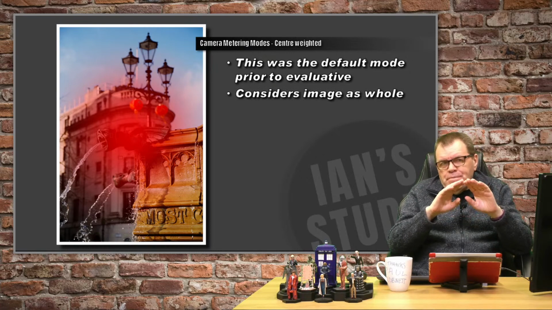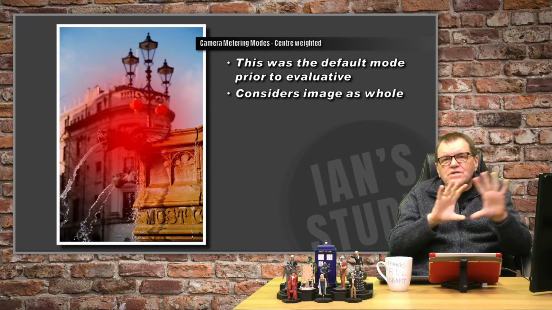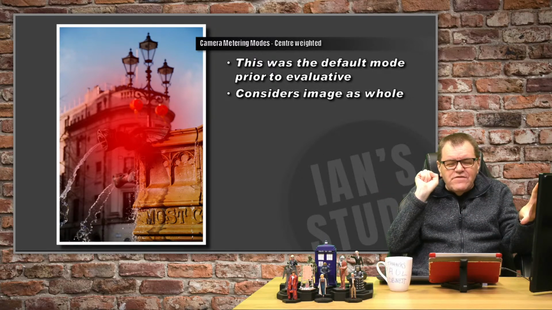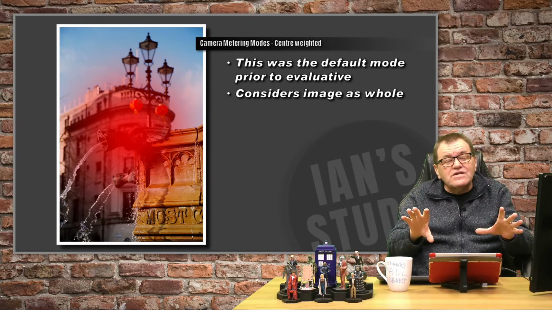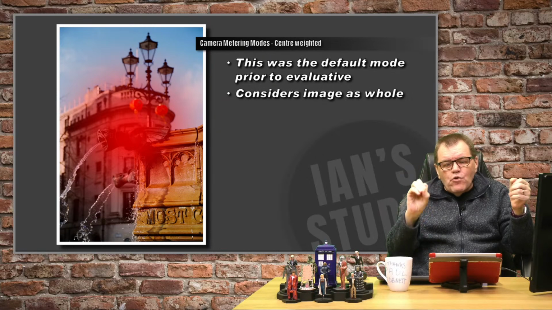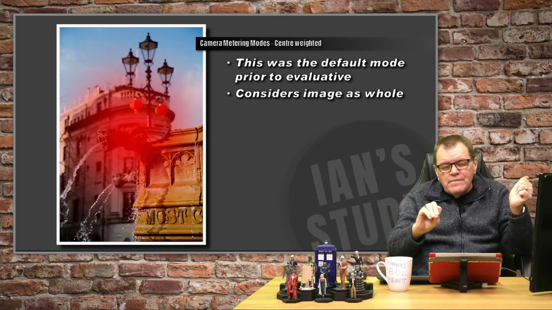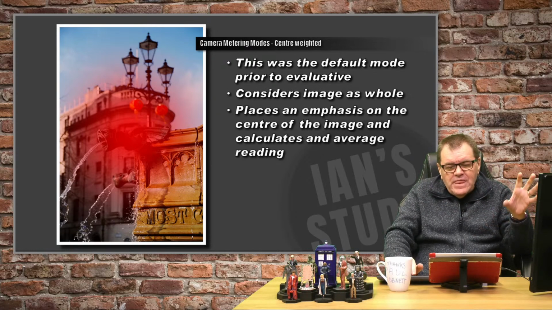And what it does, the camera just looks at the image as a whole and measures it, but it gives a lot more emphasis to what is in the middle of the image at the point it is calculating the exposure. And remember that it's at the point it's calculating the exposure. So if your subject isn't in the center when it's calculating the exposure, this mode may get confused because it's giving priority to what's in the middle.